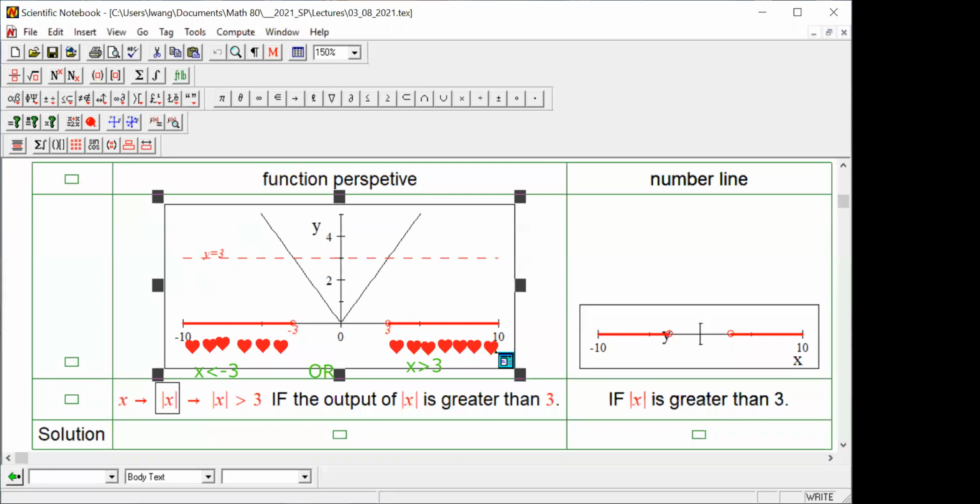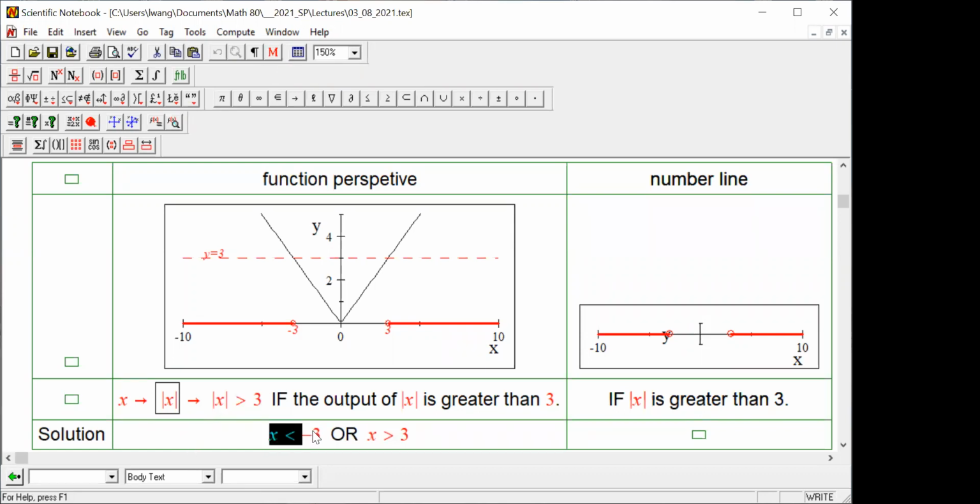So the solution to the inequality, absolute value of x larger than 3, is this: x less than -3 or x larger than 3. To get full credit, you have to have this entirely in your work. Does everybody follow me? And for the other one, it's the same thing.